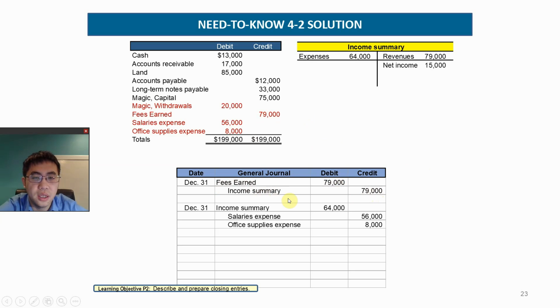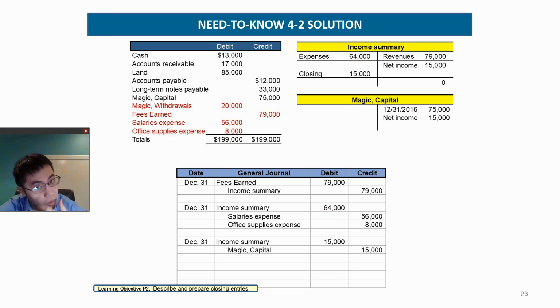And for the expenses, you have two items, and you're going to close them. You add a positive to make sure this negative of 56,000 is canceled, and add another positive to cancel this negative 8,000. So after these are canceled, there is a $64,000 debit being built in the income summary. So you see that's transferred.